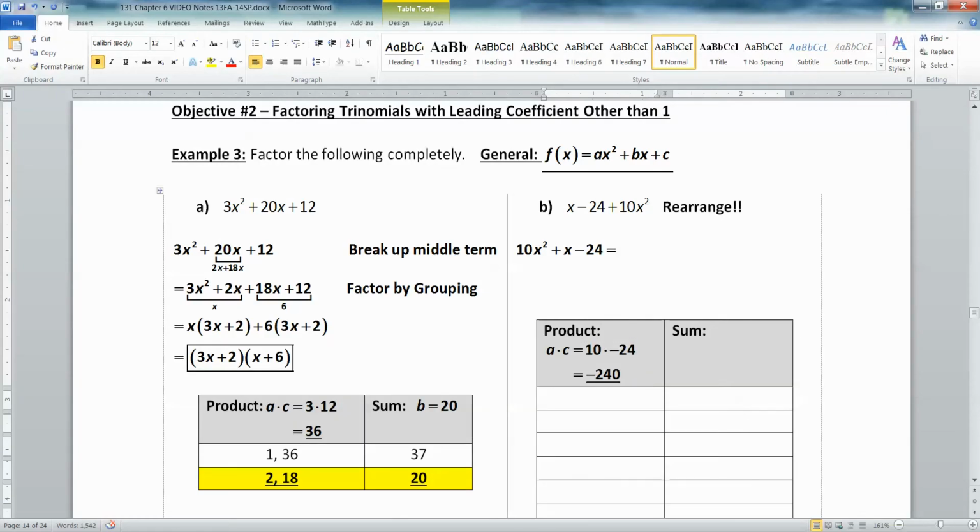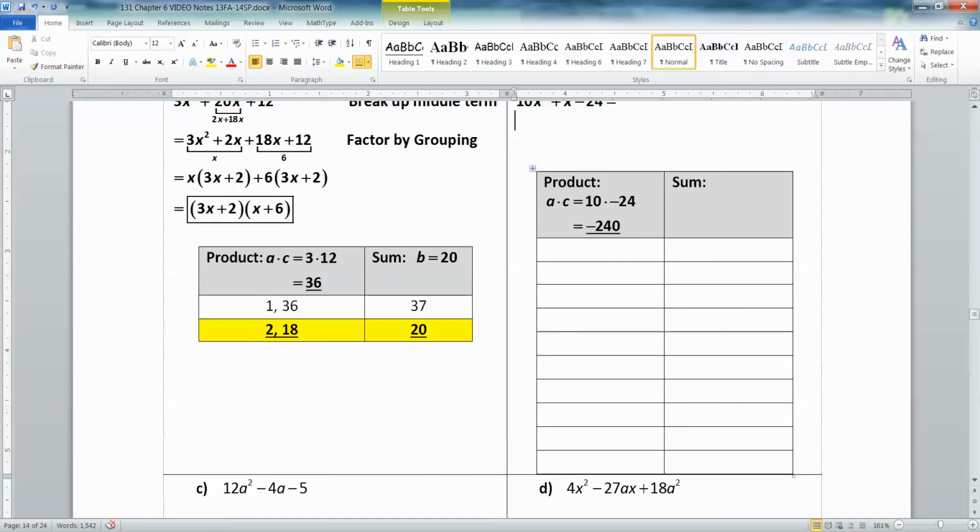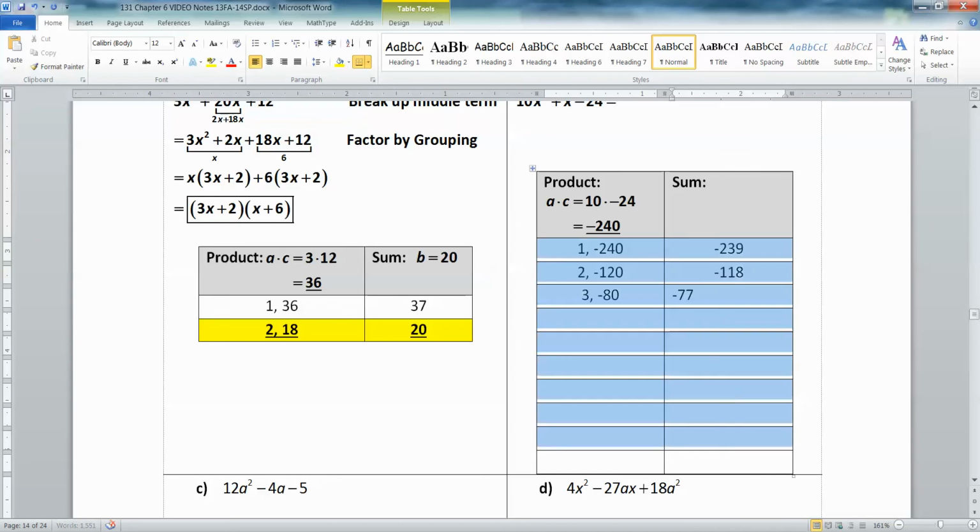Okay, so there's all sorts of ones that'll do this. So there's 1 and negative 240. That makes negative 239. That's no good. 2 and negative 120. That makes negative 118. No good. 3 and negative 80. That makes negative 77.